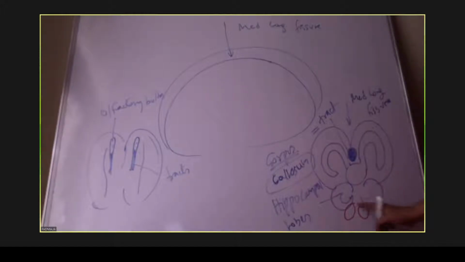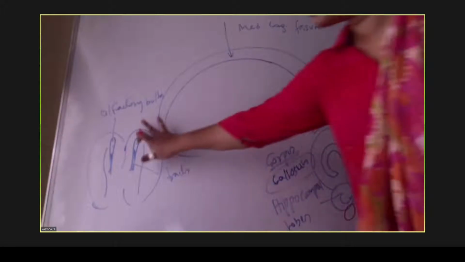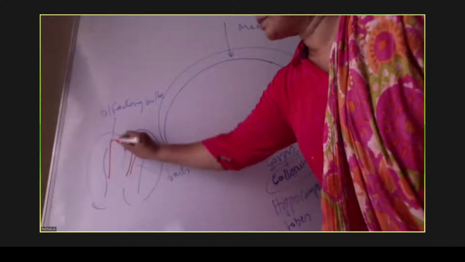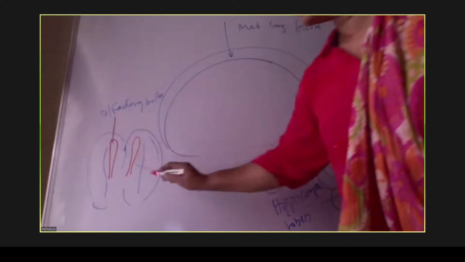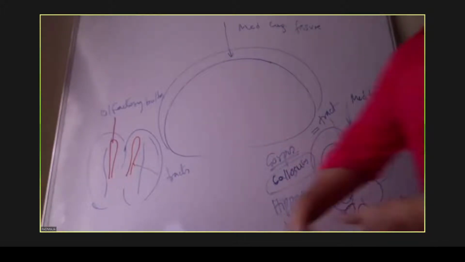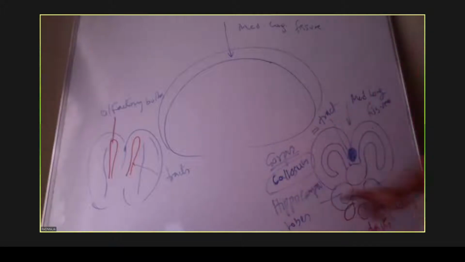What are these? Olfactory tracts. So here also I am marking with red color. So these are bulbs and these are tracts, where they are attached to the hippocampal lobe. We are discussing the bottom side of the brain.